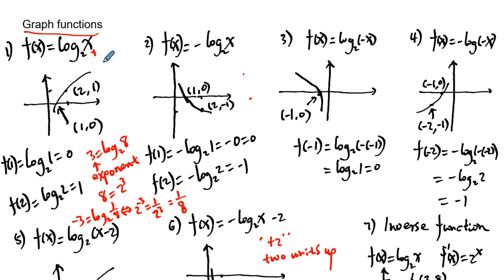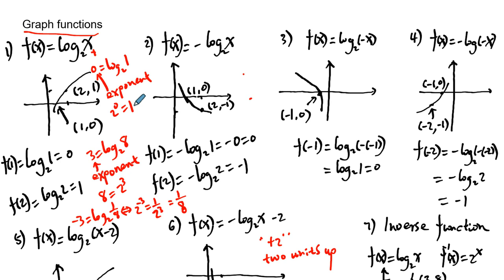Say log base 2 of 1 is 0. Why? Because, again, here is the exponent of 2. Base is the base. Anything to the 0 is 1.